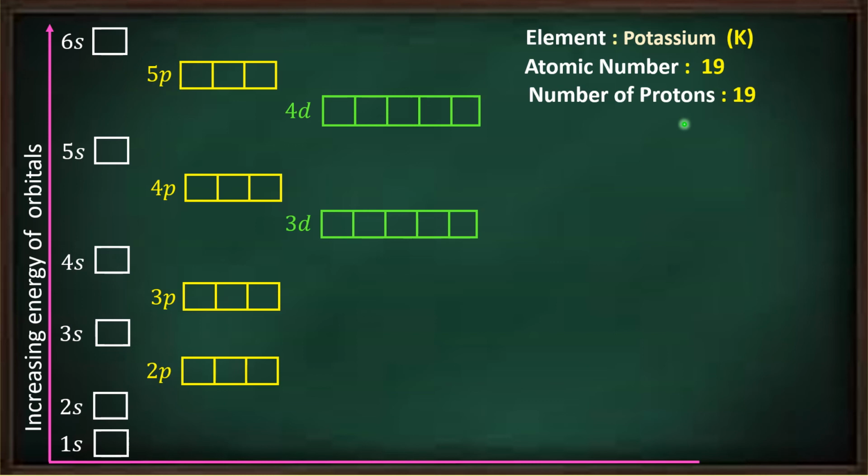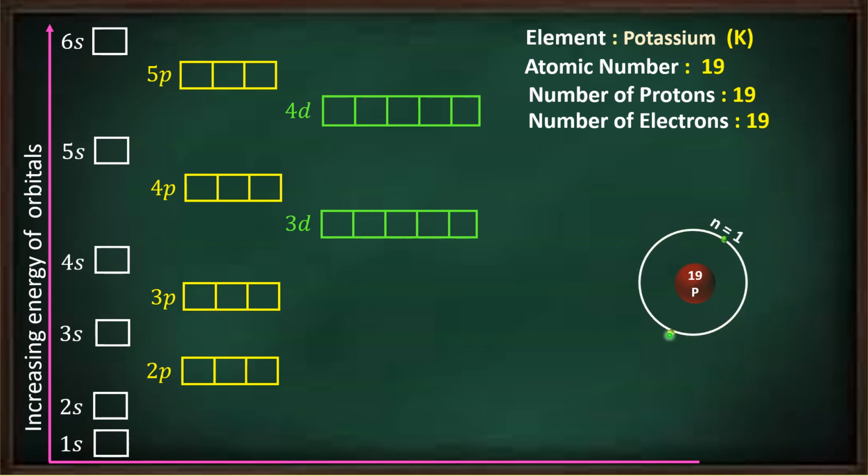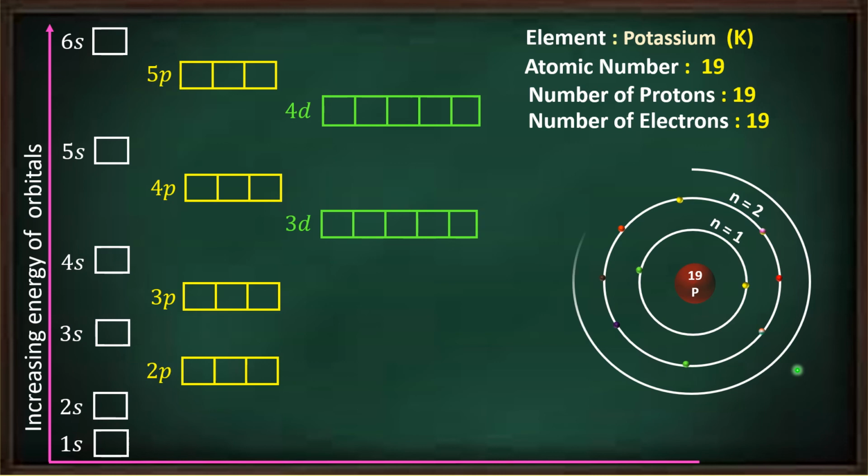Number of protons present in its nucleus is 19, and the number of electrons present is also 19. Okay, so 19 protons are there and 19 electrons revolve around the nucleus in different orbits. In the first orbit, 2 electrons revolve, and in the second orbit, 8 electrons revolve, and the third orbit, 8 electrons are revolving.